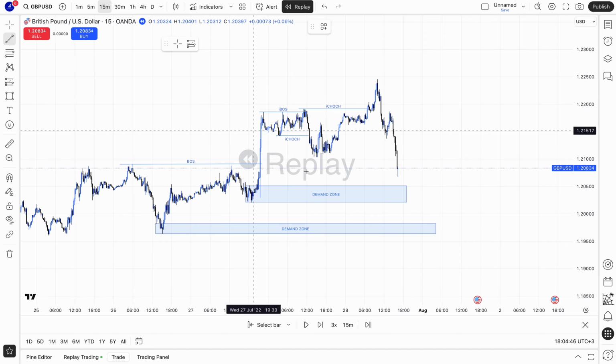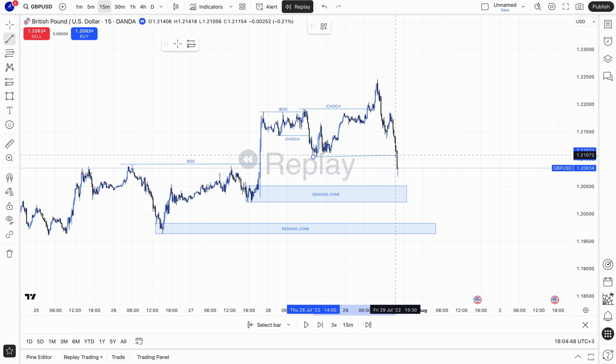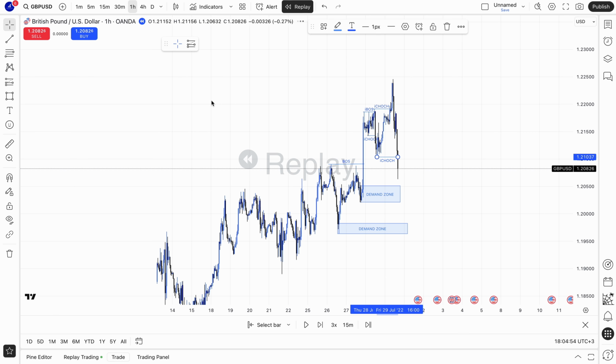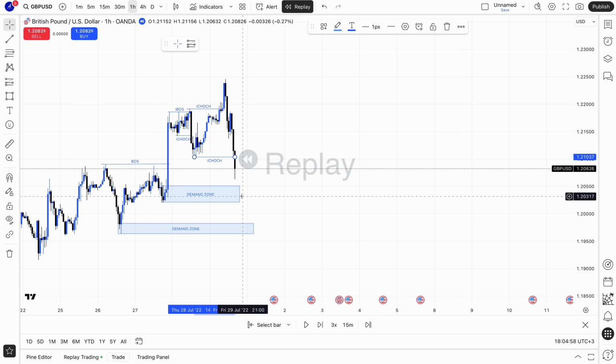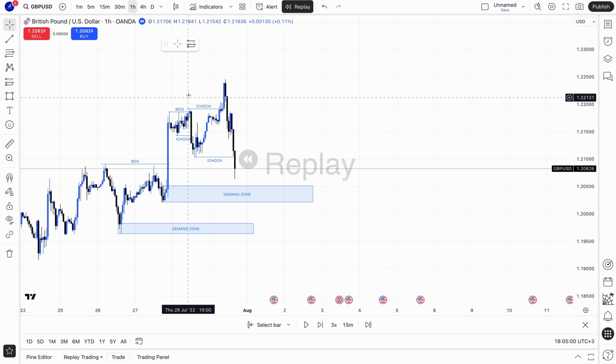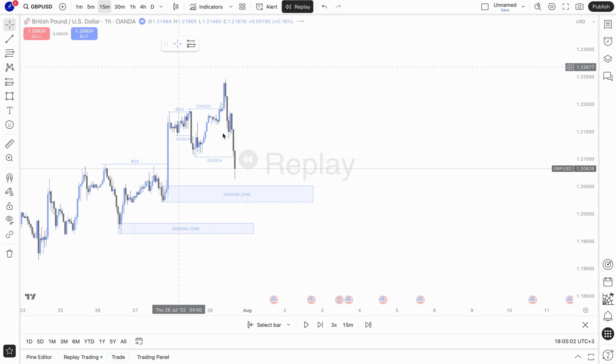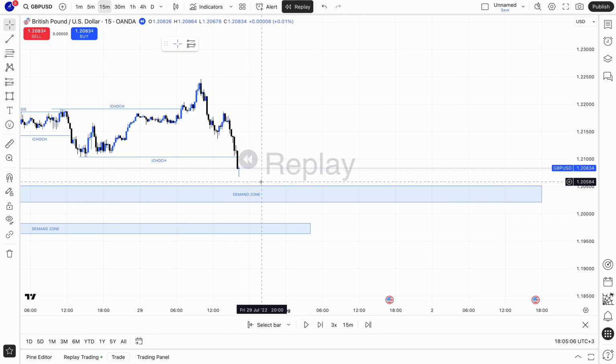Yeah, have a change of character at the downside. Still bullish external and bearish internal.